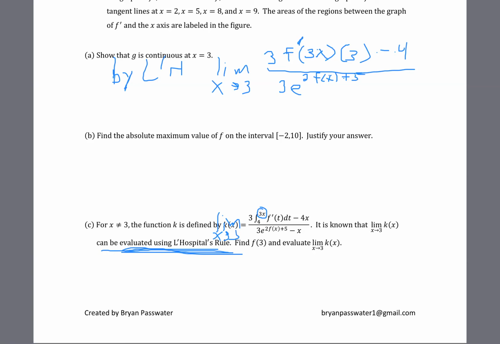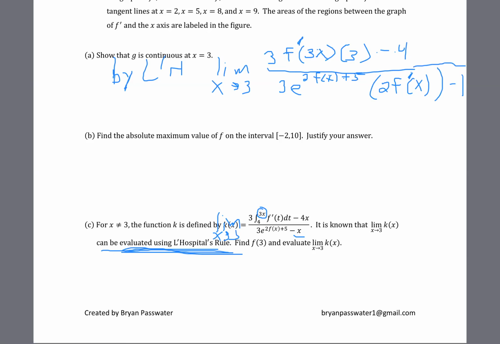The derivative of 2f is going to be 2f prime of x, and the derivative of 5 is 0. So that right there is the chain rule for that thing. And then I have this minus x down here, so the derivative of minus x is minus 1. So that is the entire derivative of that.